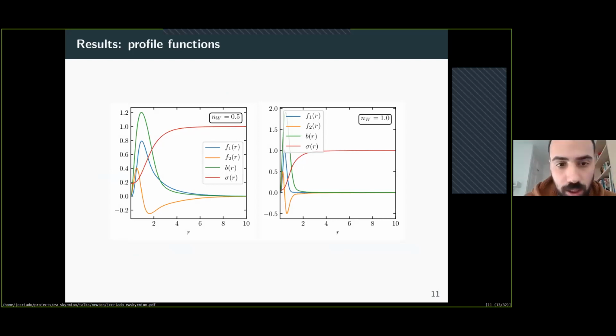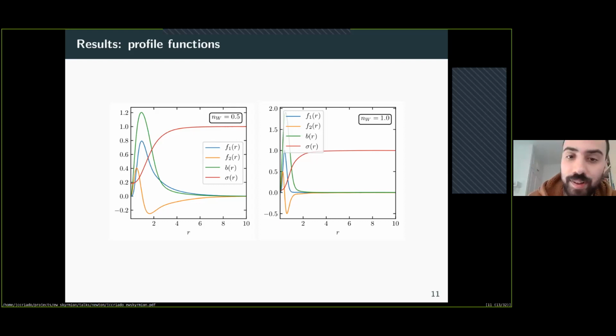Our solution, the network itself, consists of 4 functions of the radial coordinate. 3 of them correspond to the gauge fields. These were already present in the frozen Higgs limit. They were computed by Ambjorn and Rubakov, and we get very similar profiles for them in our case.